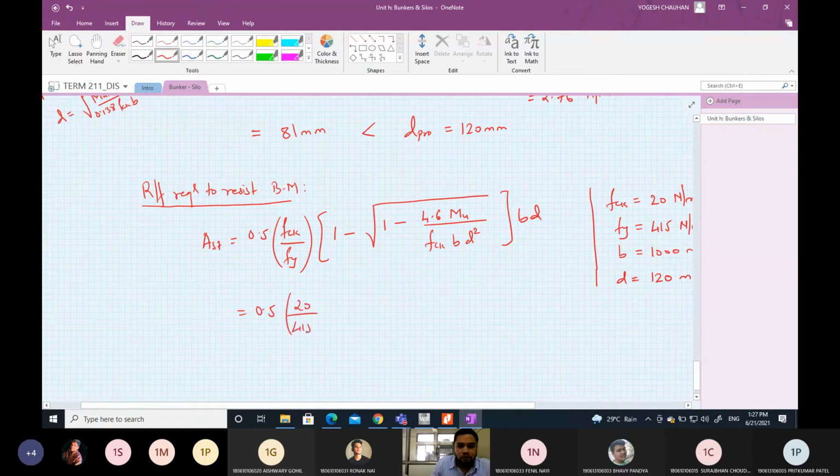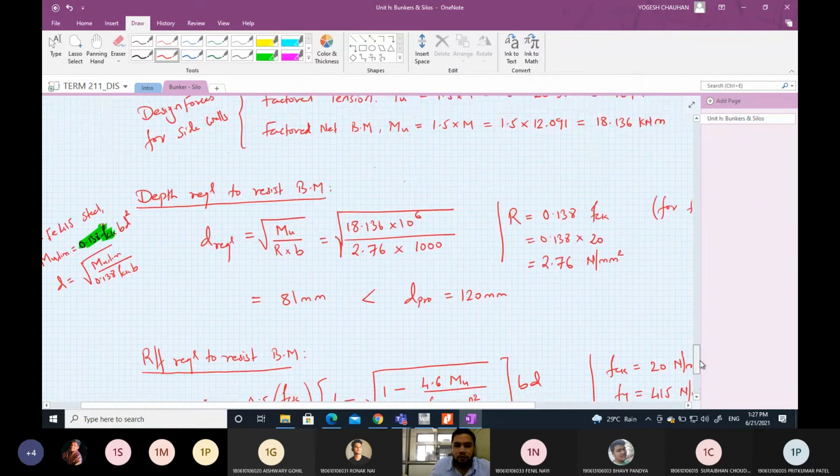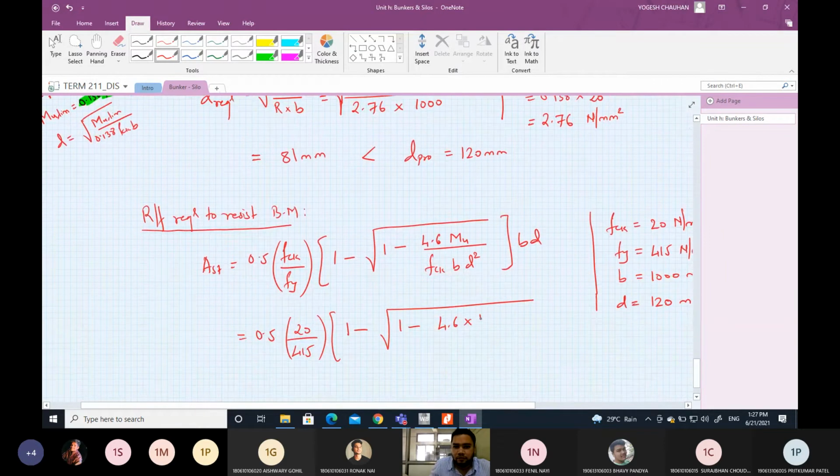20 divided by 415, 1 minus square root of 1 minus 4.6 into bending moment. Bending moment is 18.136 into 10 to the power 6, converted into Newton mm. FCK is 20, B is 1000 and D is 120 mm square.